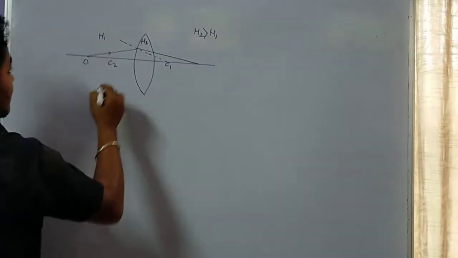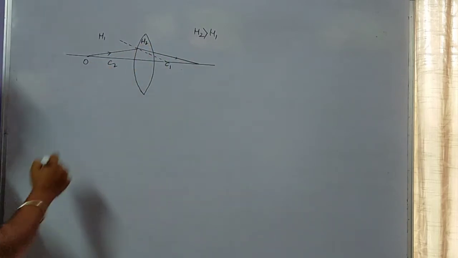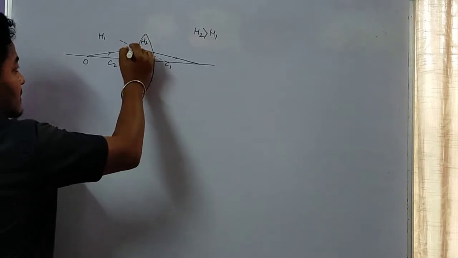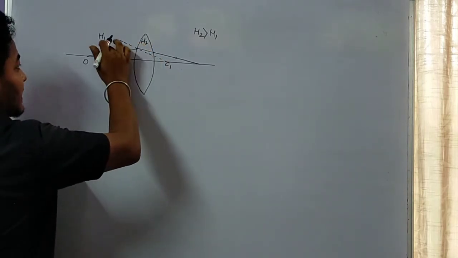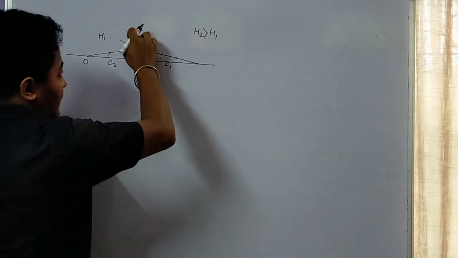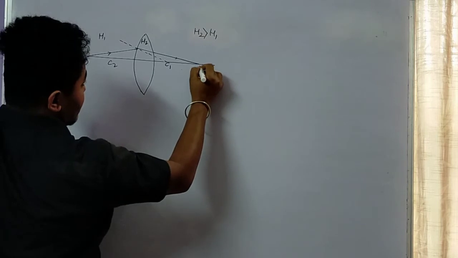So simple. Understand? This ray is coming from optically rarer to optically denser medium, and after refraction it is bending towards the normal, and somewhere here it is the image.